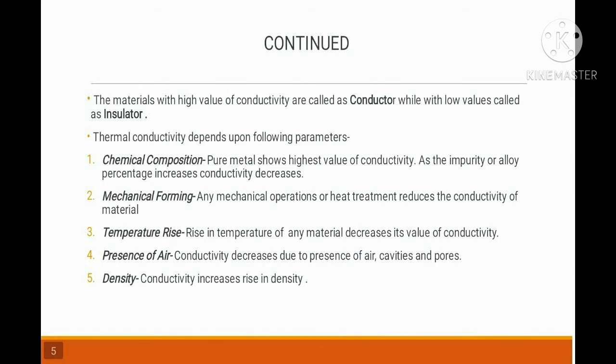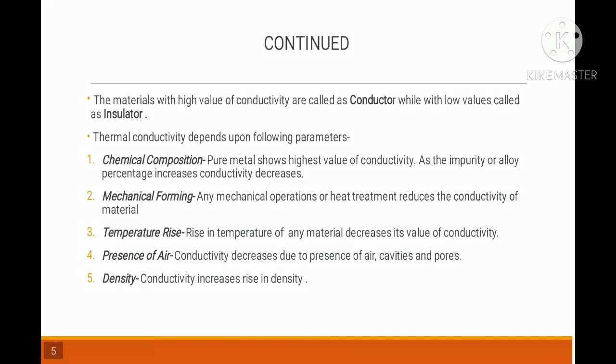But if any alloying element is increased in that material, conductivity decreases. You can observe that the thermal conductivity of alloys like brass, bronze, Hindalium, steel is comparatively less than their pure compositions like copper, aluminum, iron, etc.